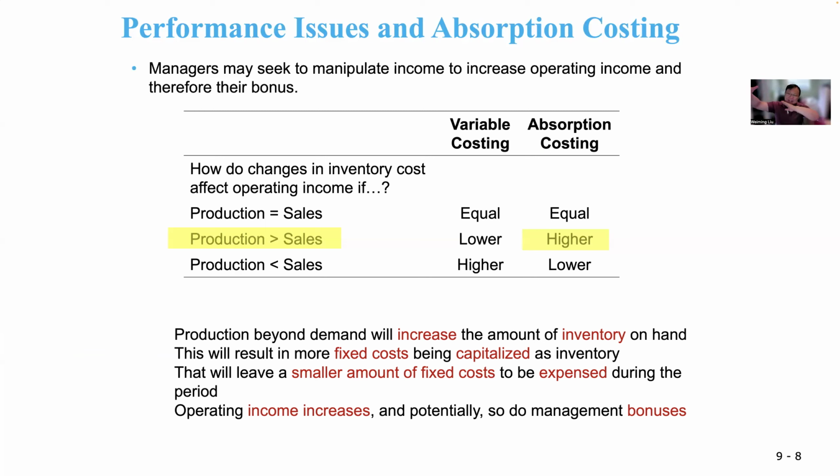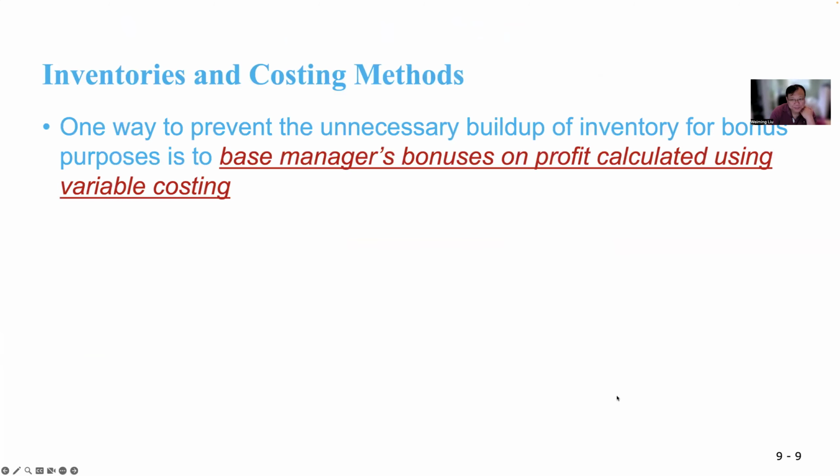So that I can absorb that fixed manufacturing overhead cost in the ending inventory, not on the income statement. Okay, so then maybe for performance evaluation purposes, the company wants to avoid the managers' misaligned interest in overproduction.